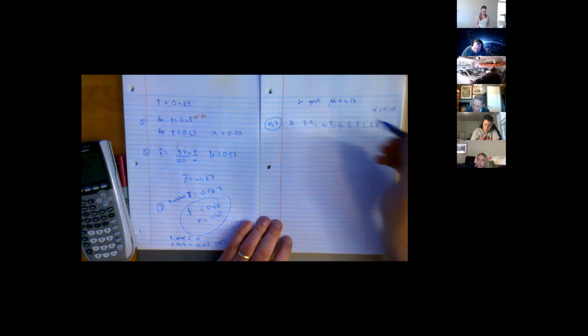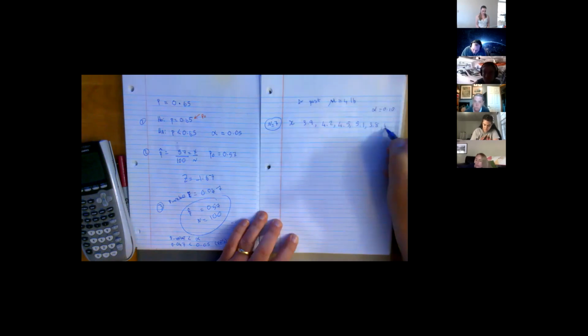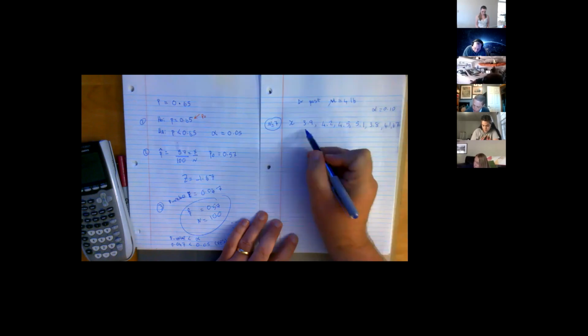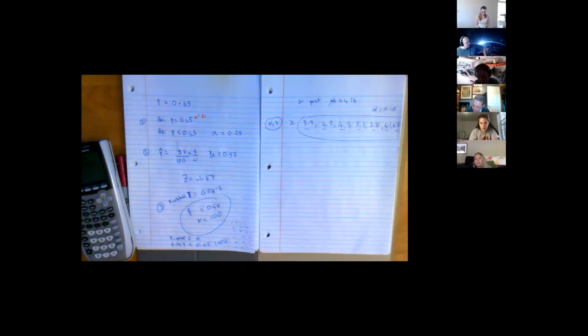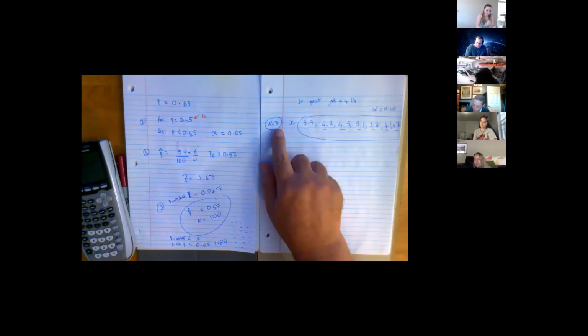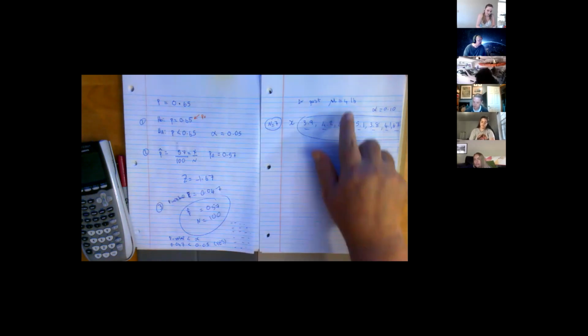I need 2 more, don't I? 4.1 and 4.7, right? 1, 2, 3, 4, 5, 6, 7. When you look at these 7 guys, is there enough evidence based on this small sample size that chickens are heavier?